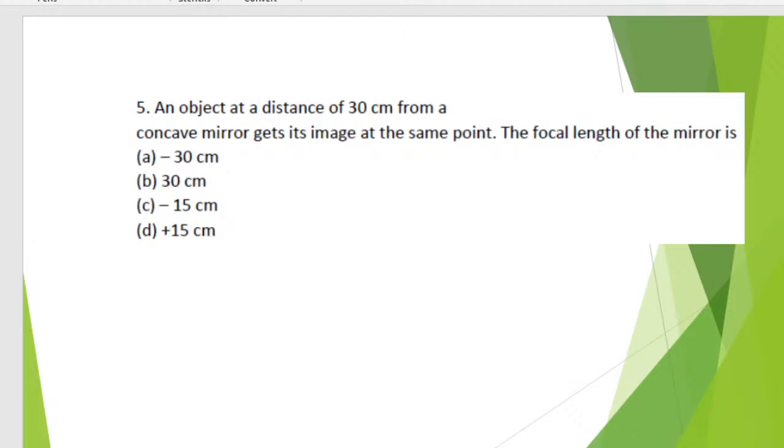Is it minus 30 cm? Is it 30 cm? Is it minus 15 cm? Is it plus 15 cm? Because sign convention is also important, okay? Plus, minus, so we will discuss it in detail.